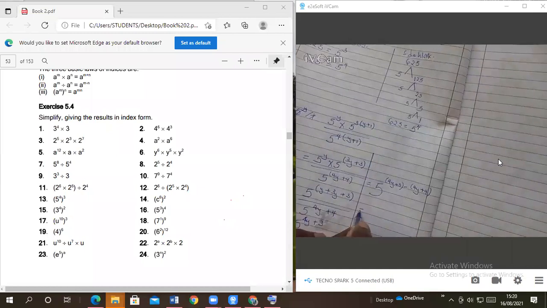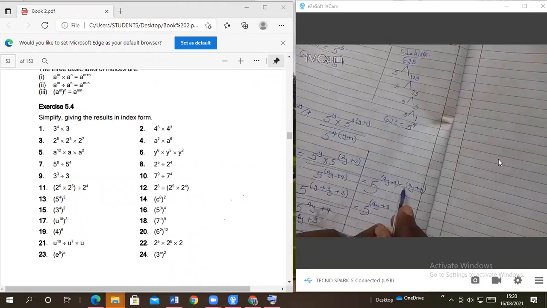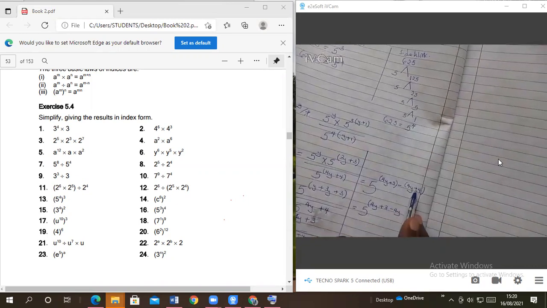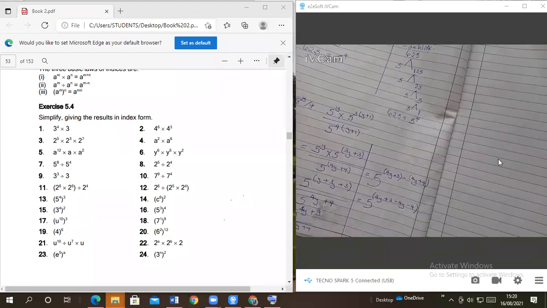So this will give us 5 to the power 4y plus 3. When you open this bracket, this negative times this positive will give us negative 4y, and this negative times this positive will give us negative 4. Then you close that.